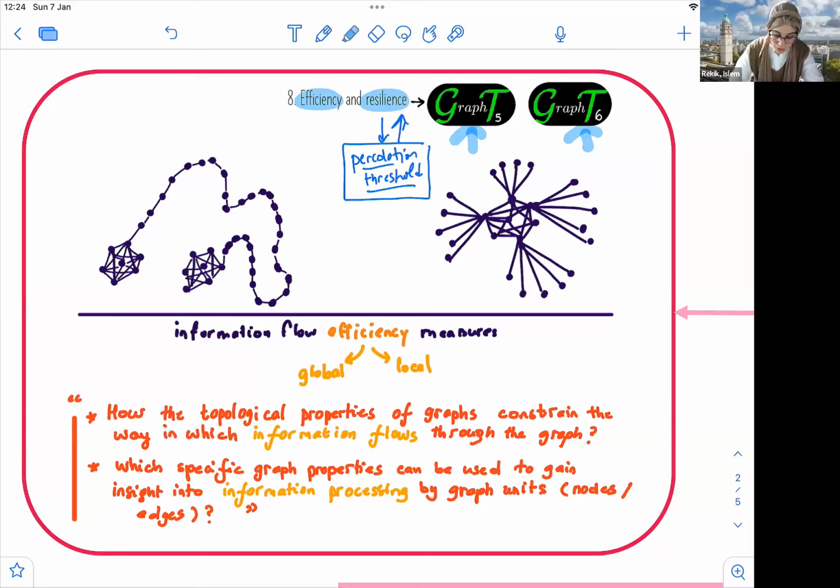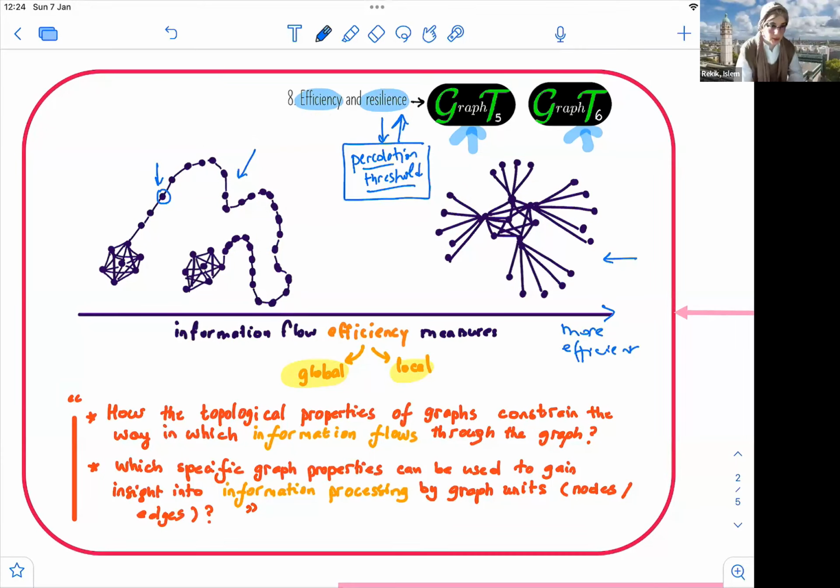Also when you look at efficiency, you have two different concepts. You have global efficiency, you have also the local efficiency. So you can study the efficiency of a single node in a graph, but you can study also the efficiency of the whole graph itself. And here you can see that this graph topology is more efficient, okay, compared to this one.